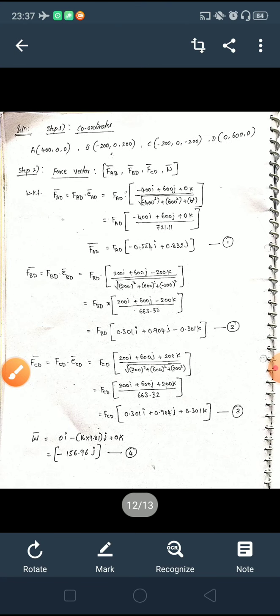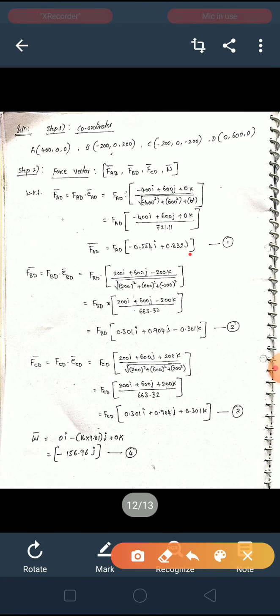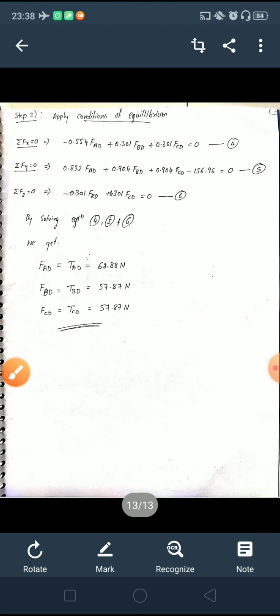Okay. Last, the z components: here it is 0, sorry, and here -0.301k, that is -0.301 FBD, here plus 0.301 FCD, here there is no z component, so there are just two terms. Let's see, you can see here -0.301 FBD plus 0.301 FCD is equal to 0. So you got 3 equations, these 3. Okay, that is 4, 5 and 6.